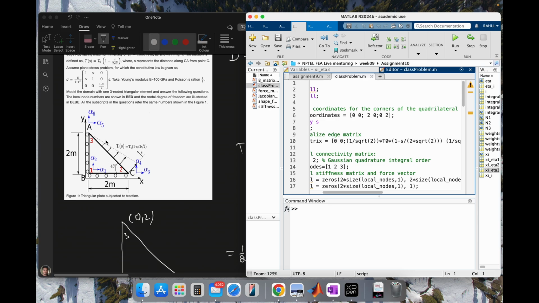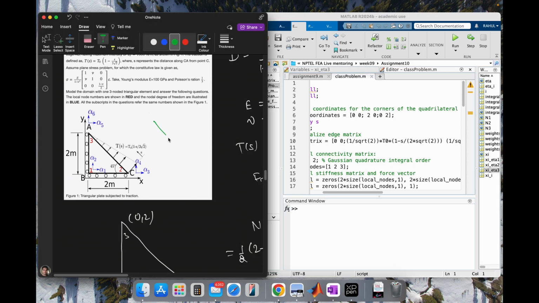In the local coordinate axis, for this edge, there is nothing to worry about. But if I'm looking at the global coordinate axis, it will have two components. If it is acting like this, and it is t, then it will be t cos theta and t sin theta.